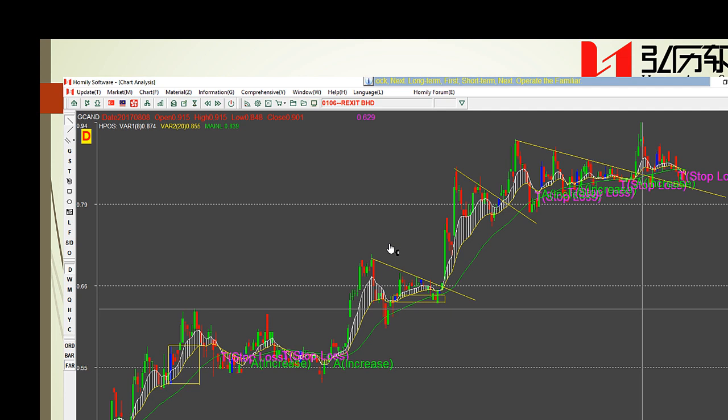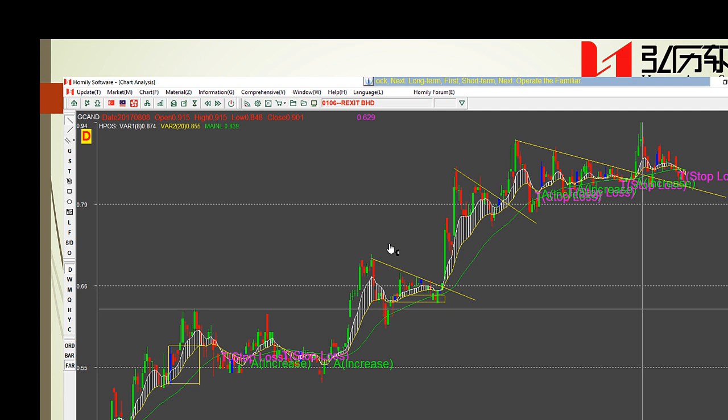But the most important thing is to look at the details. Here the white line is turning down, so we cannot buy it.